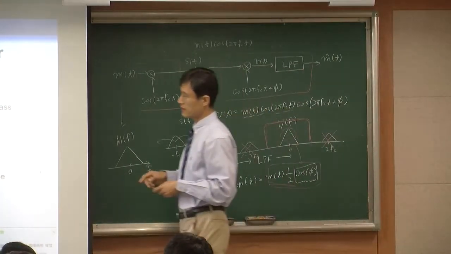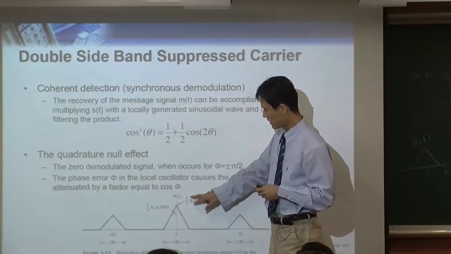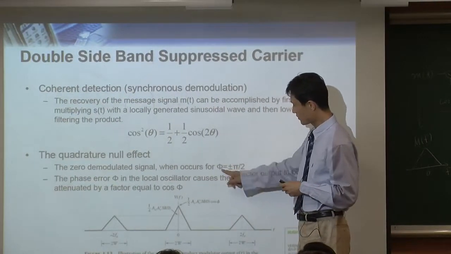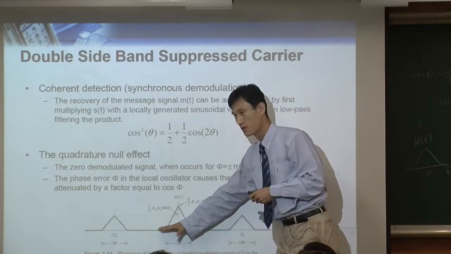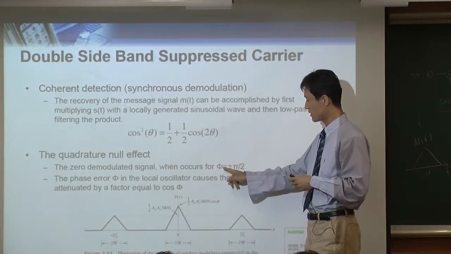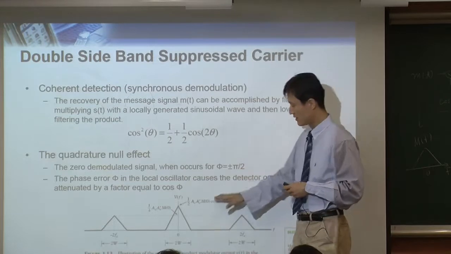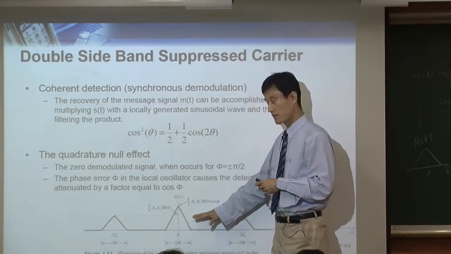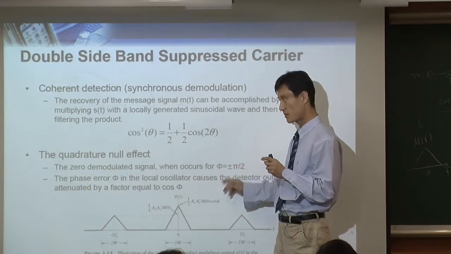But in this case, one thing you want to remember is that because of this phase mismatch, sometimes you get 0. In case of phi equals 90 degrees or minus 90 degrees, you get 0, right? That's the worst case, and phi equals 0 is the maximum case.